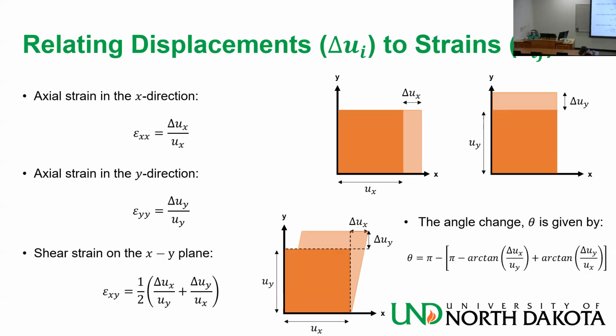Pi is 180 degrees, basically, and then you use the arctangent. We're going to use it when we see rocks failing at an angle, from the horizontal, basically 60 degrees or something. Basically, we're using this equation to come up with that. That's later in module 4.